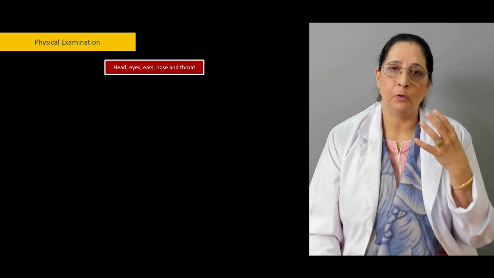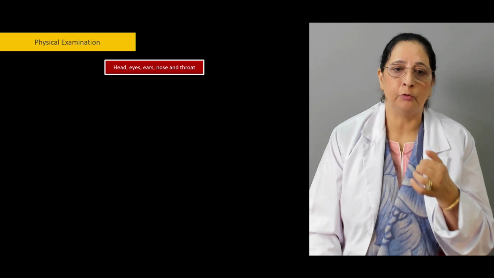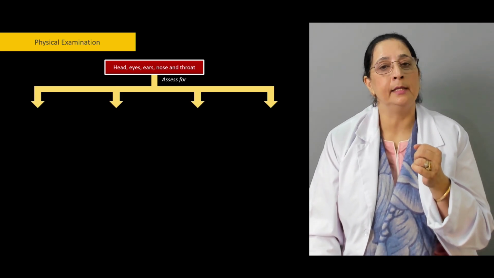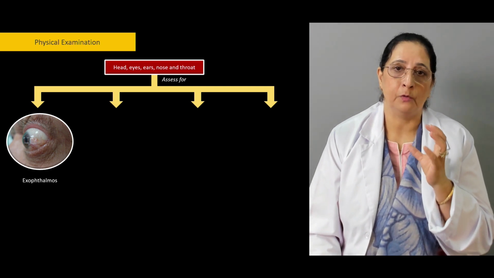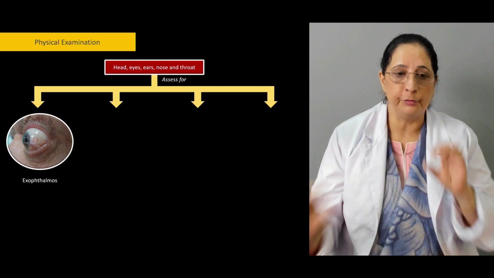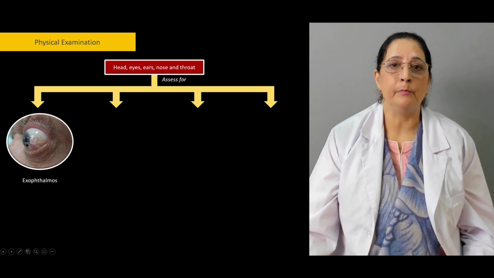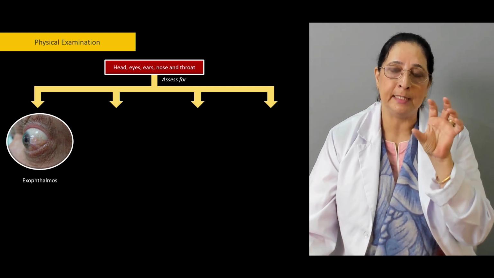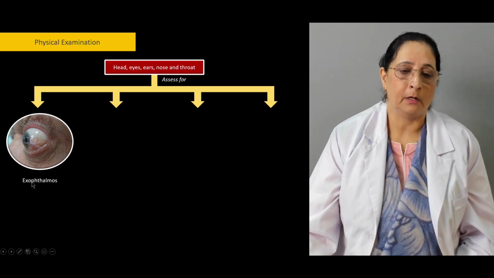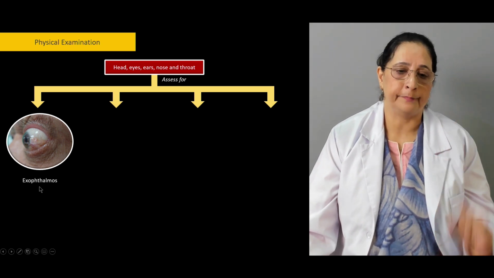Also, when we look at the head, eyes, ears, nose, and throat should be included in the examination. Exophthalmos, look at the eyes if they are protruding out. You can see like this, exophthalmos. This is known as exophthalmos. Exo means out. Ophthalmos is for the eyes, exophthalmos.